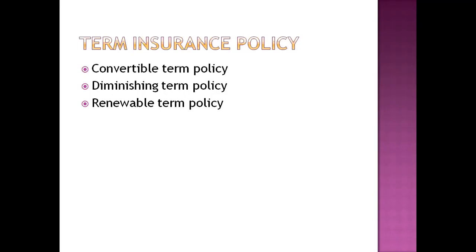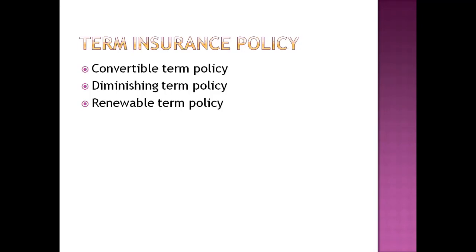Understand? In this case, the policy starts for 1 month, 3 months, up to 10 years, sometimes even 7 years. The amount is recovered only if the person is not alive at the time of death; nothing can be recovered from the company otherwise. This is again of three types. Convertible term policy.